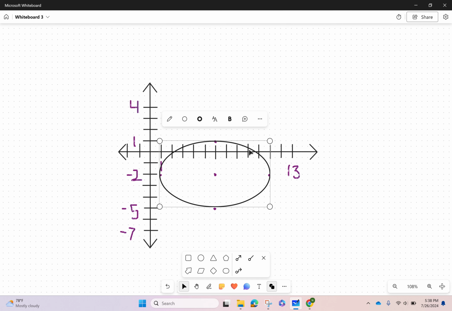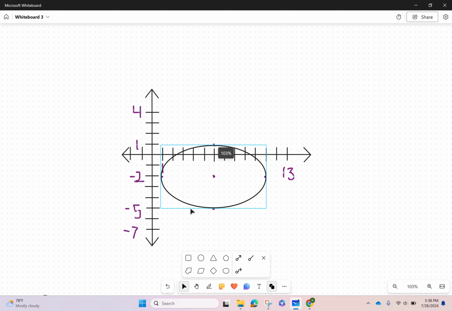There we go. You can see I got it a little off, but here, let me move it down a little bit. There we go. Now I go through all of our points and I have our center here. So this is how you draw the equation that we just solved for.